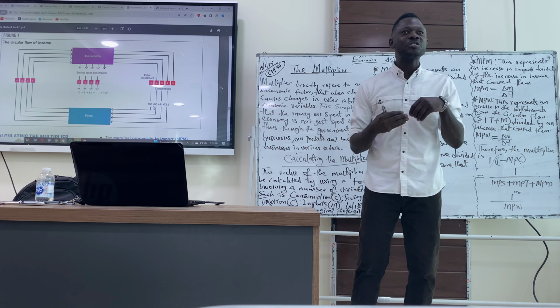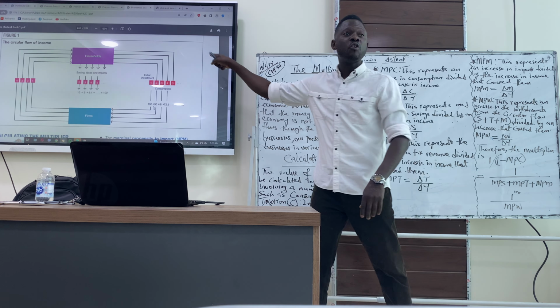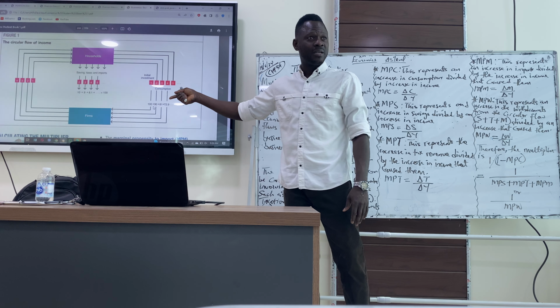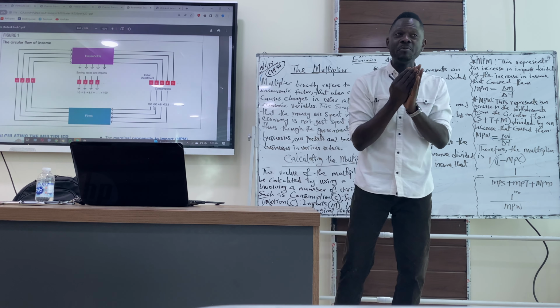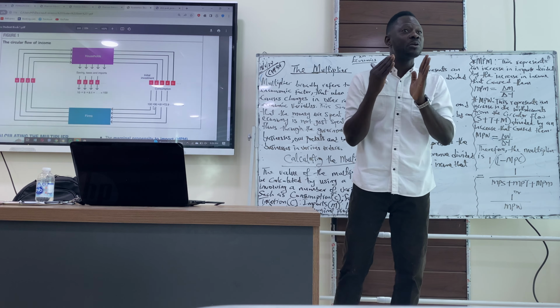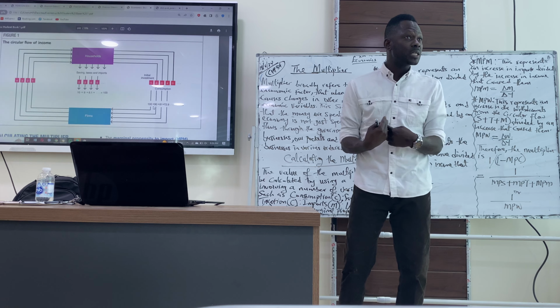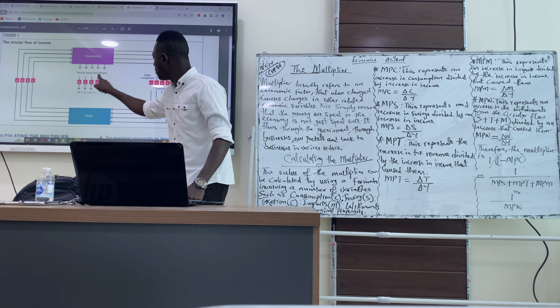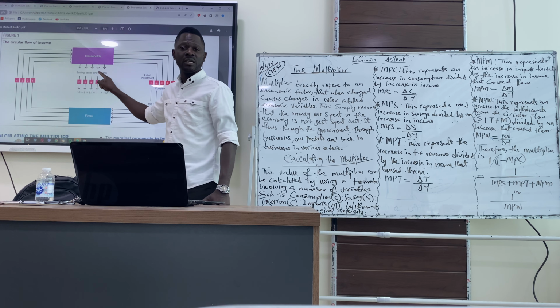A closed economy does not have withdrawals. We did circular flow, I think you guys remember. In circular flow, we have the open economy and the closed economy. A closed economy does not involve international trade. An open economy involves withdrawals. Because when we talk about withdrawals, we're talking about international trade. Yes or no? Yes. Great.